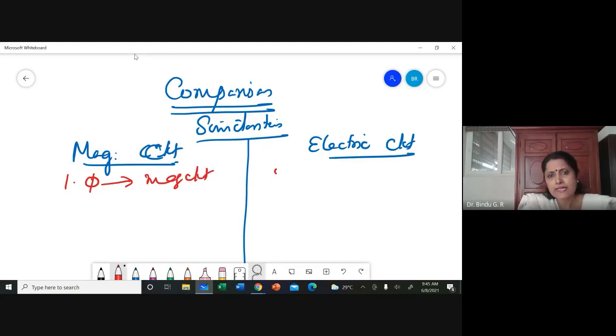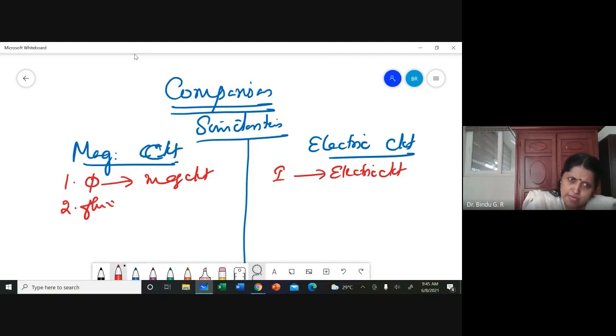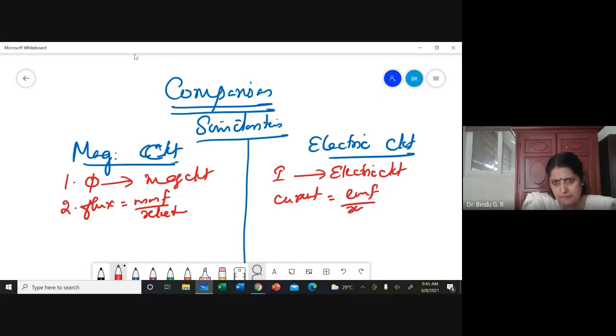The path of an electric current is called an electric circuit. These notes I'll give you. Then second, as you all know, flux is equal to MMF by reluctance. Similarly, electric current is equal to EMF by resistance.